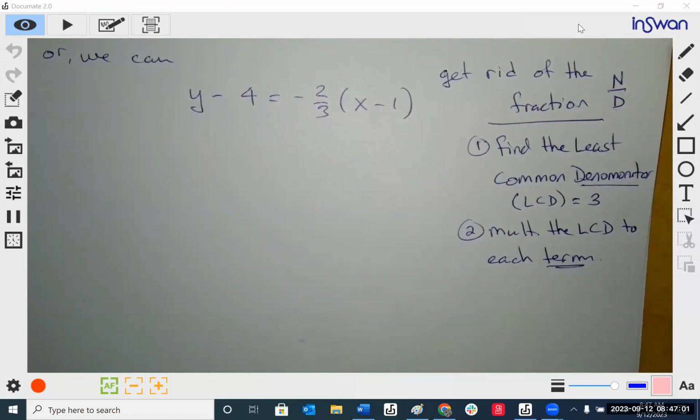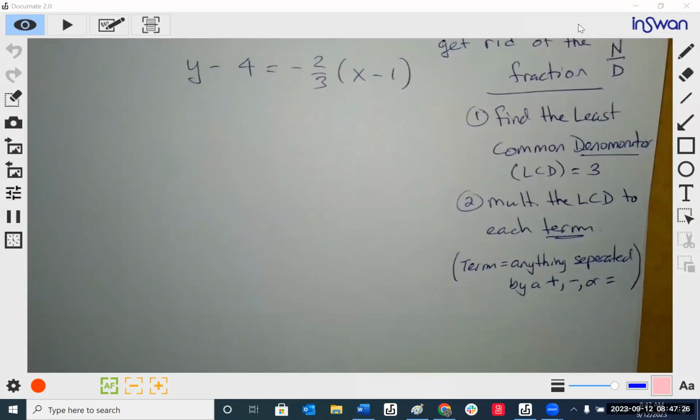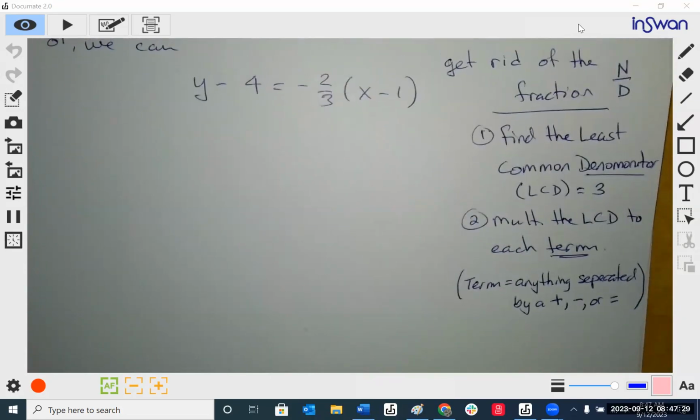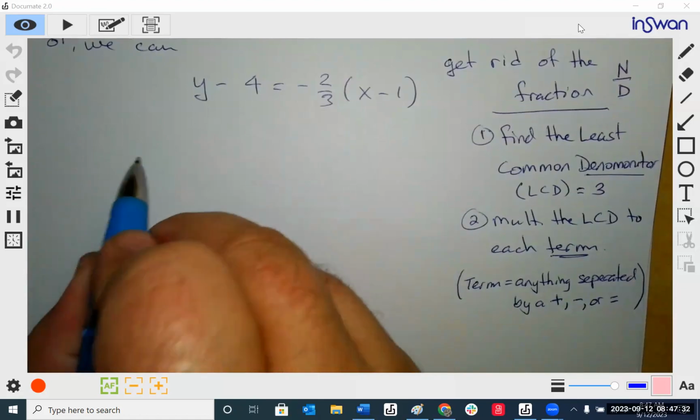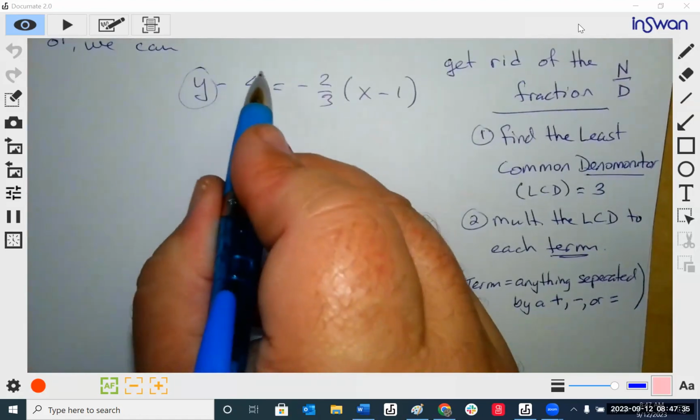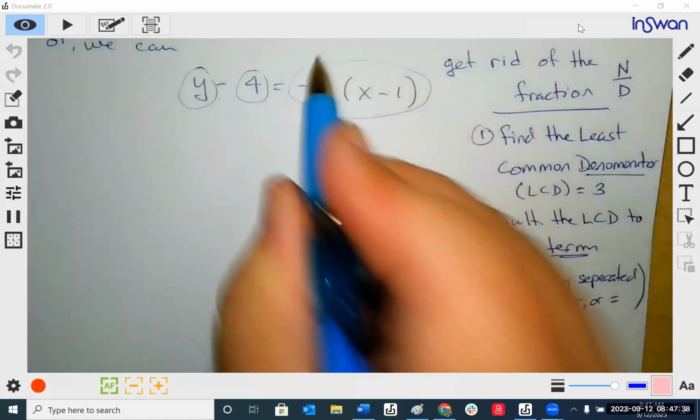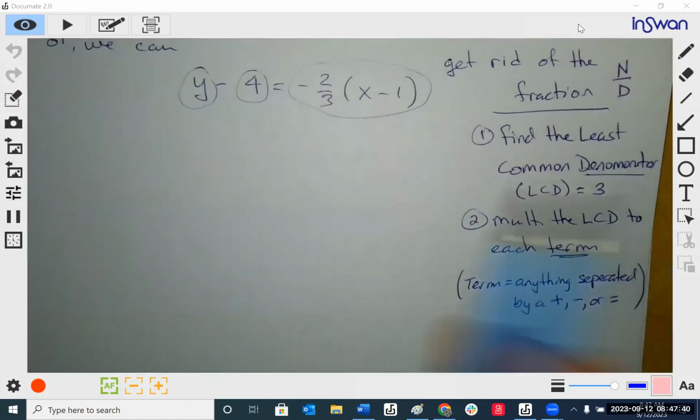Remember, what is a term? A term is anything separated by a plus, minus, or equal. Here's one term, two terms, three terms.